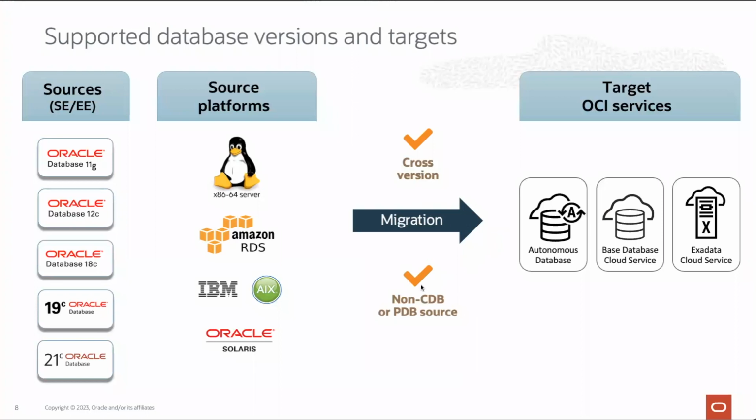And we can also do transformations from non-CDB to PDB, from non-RAC to RAC databases. So we are really flexible with that migration approach. And for the targets, of course, we support Autonomous database, shared and dedicated, and we also support our co-managed database services like the base database service and the Exadata database service.